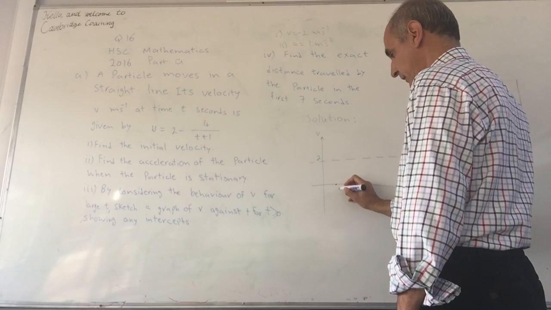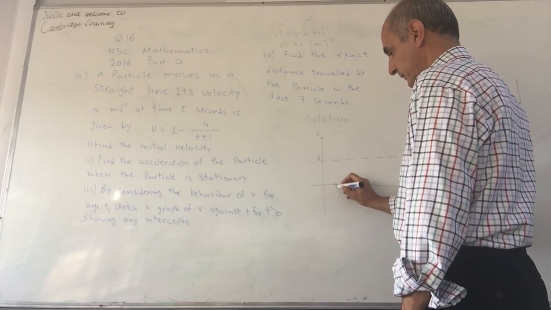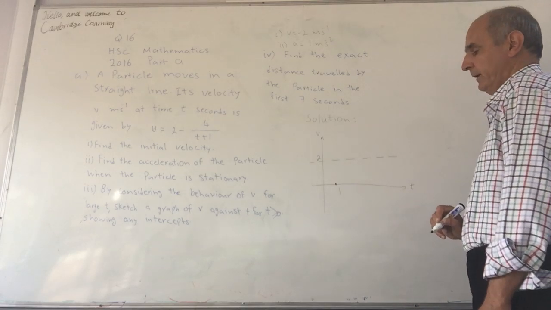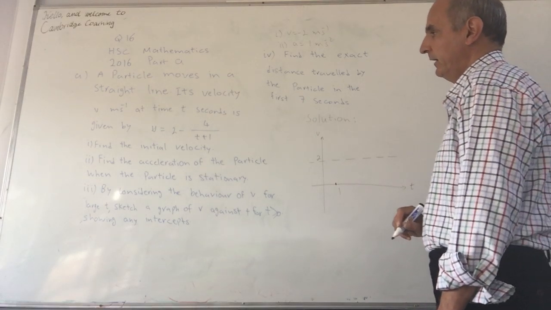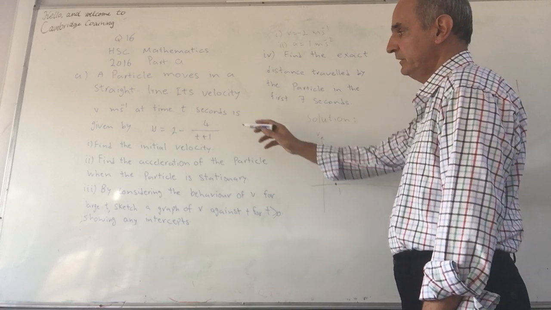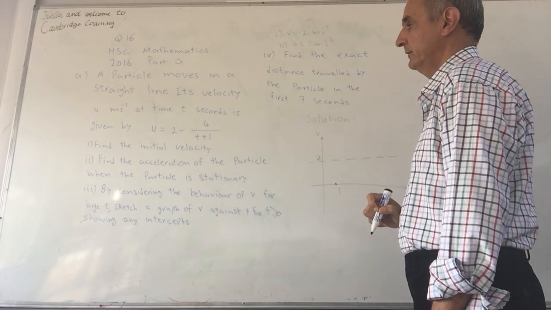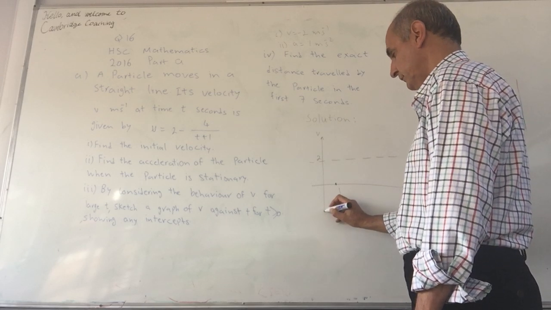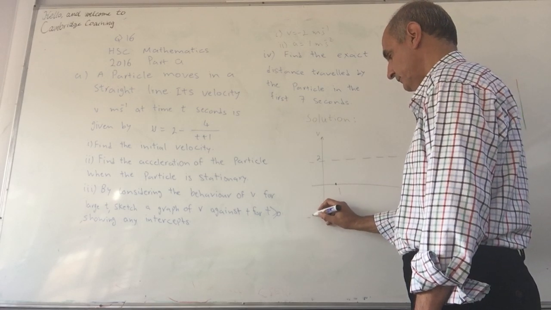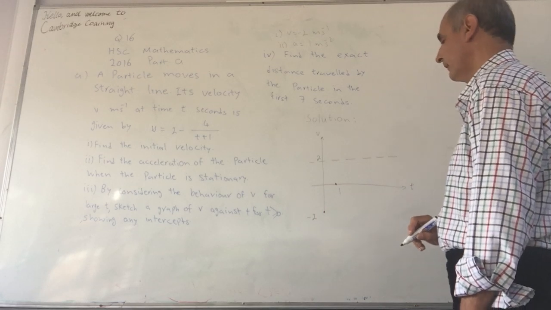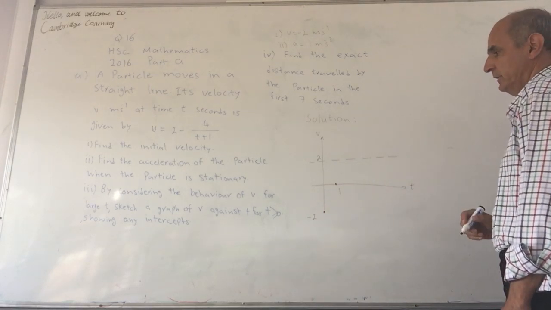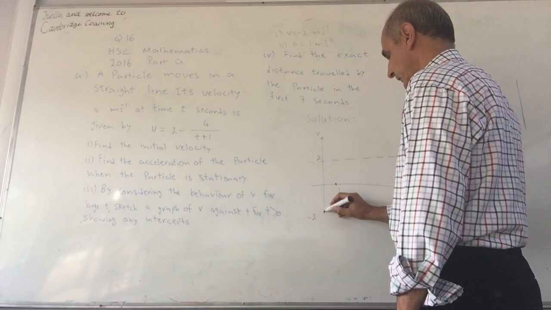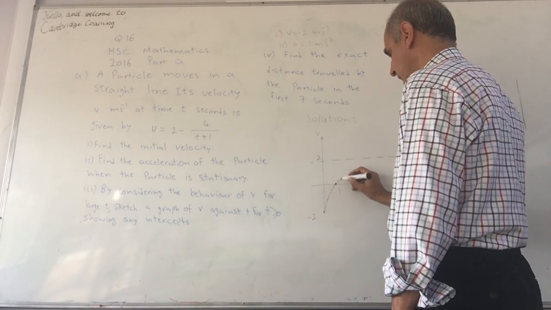So when time is 1, velocity is 0. So that is a point on my graph. And the initial velocity, we showed, is equal to minus 2. So the initial velocity was minus 2. Alright, so this is telling me that the graph will look like this.